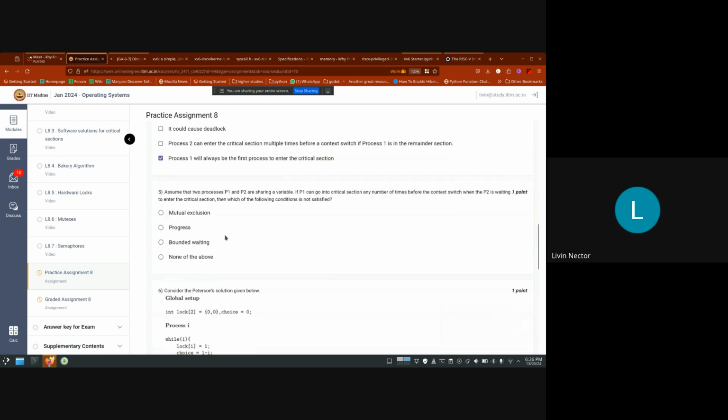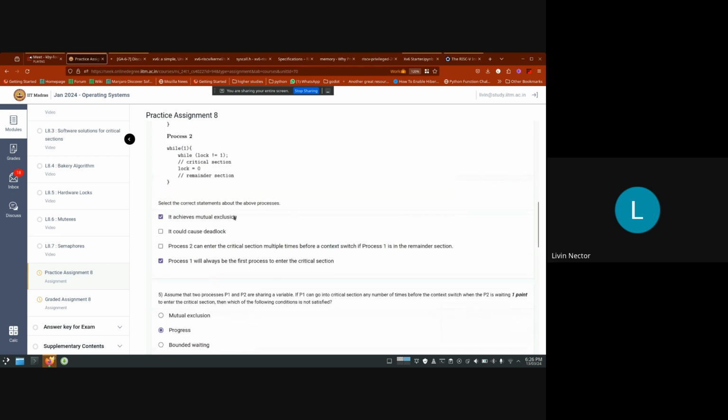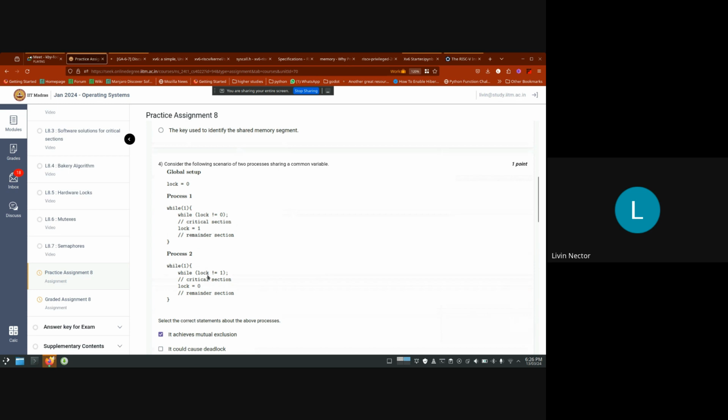Before that, we should be aware of these two terms. Mutual exclusion is a different thing that doesn't have anything to do with this statement. So there are these two things: bounded waiting and progress, right? What progress says is, assume there are two processes.